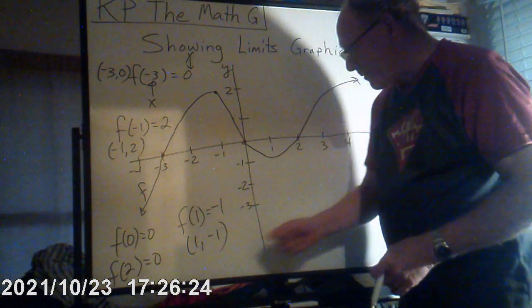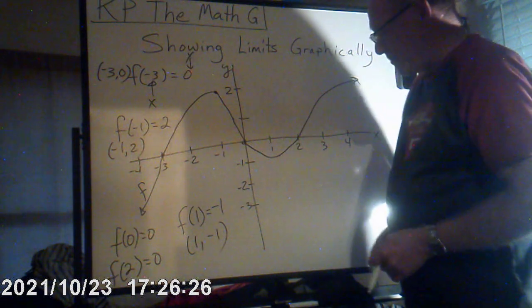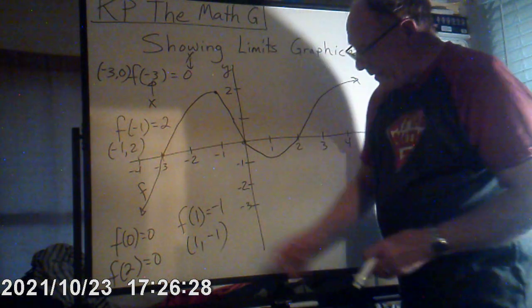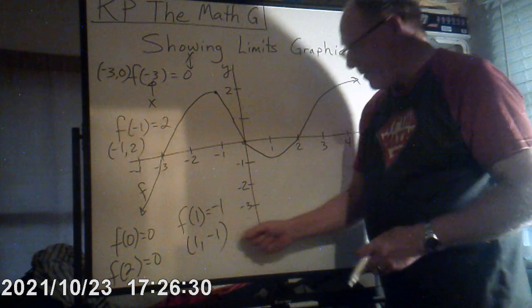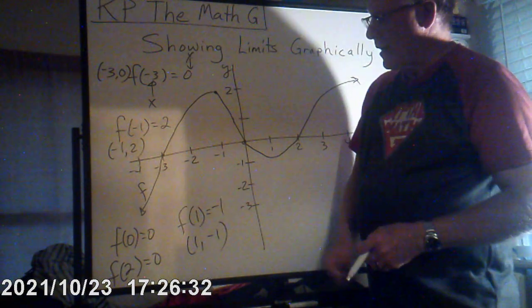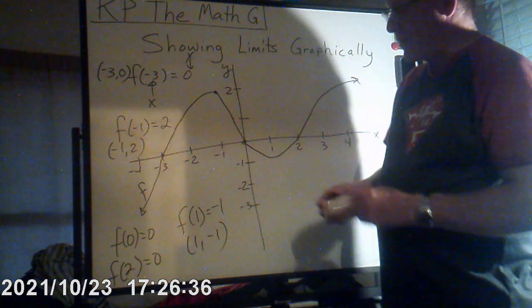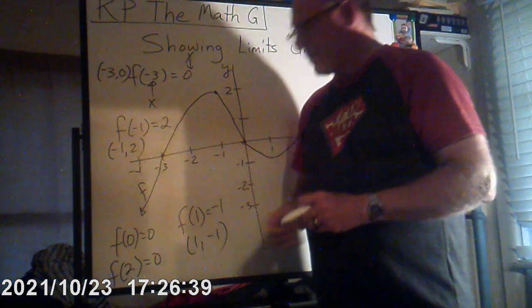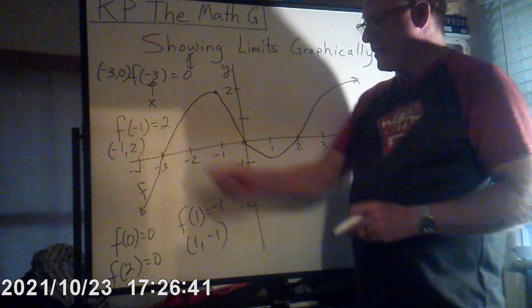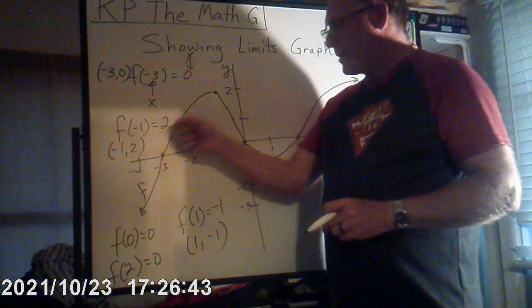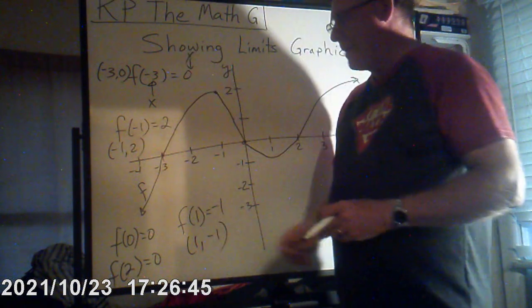It wouldn't be written correctly anyway, the negative 1 would have to come first. But this is the point (1, -1). Point (-1, 2). Sometimes in calculus we get that confused, that we're going from negative 1 to 2. That is not true. This is the point (-1, 2). So f at -1 is 2. That's just another way of writing it.